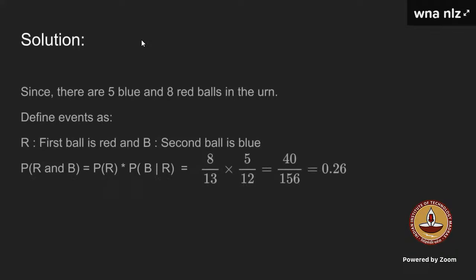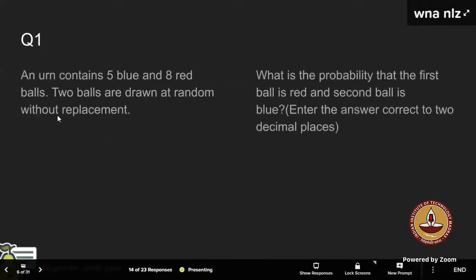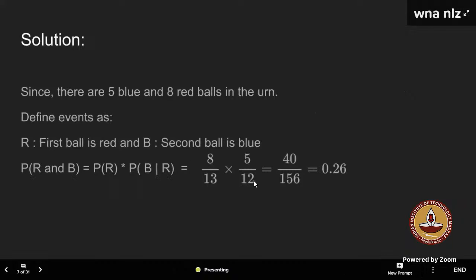How can we prove that they are not independent? I said, from the question you have to take the clue that it is without replacement. When you are already picking up the first ball, for the next pick you won't have that ball, whatever ball it may be. So the total options, or the sample space from which you can pick the ball, becomes 12, right? Exactly. So that's why you can conclude that these are dependent events.